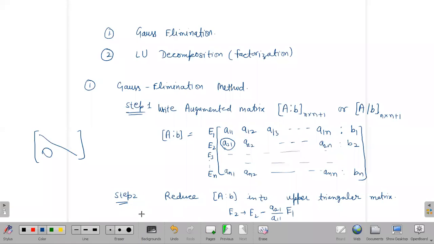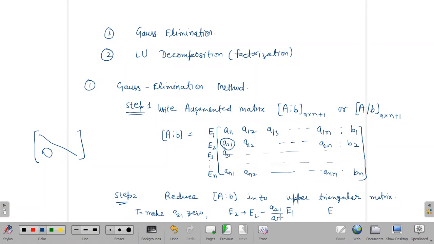So first, to make A21 zero, we are taking this number. Now if I want to make A31, A41, AN1 zero, can I write any operation?